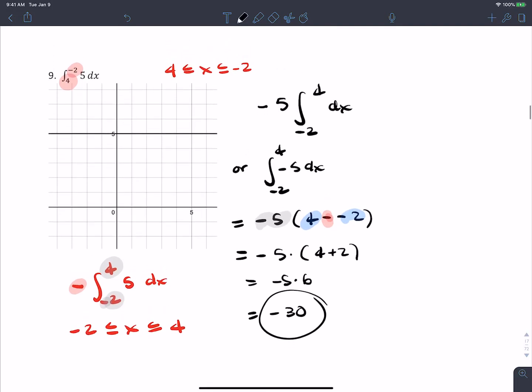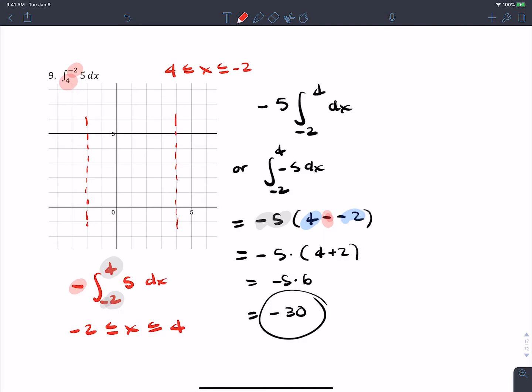So let's be careful here. I want to really emphasize this. Even though they gave you the question this way, you integrate 5 over this interval that's not a valid really interval being smaller.